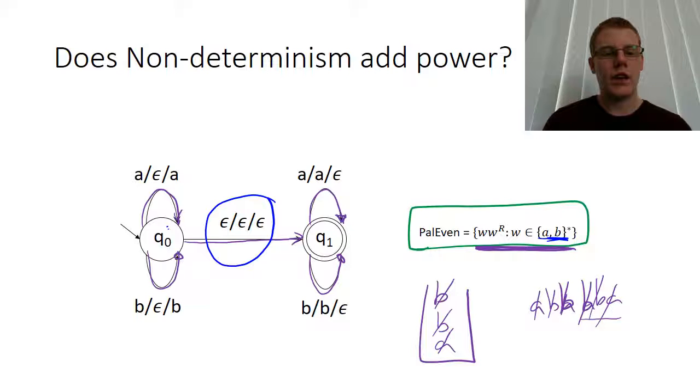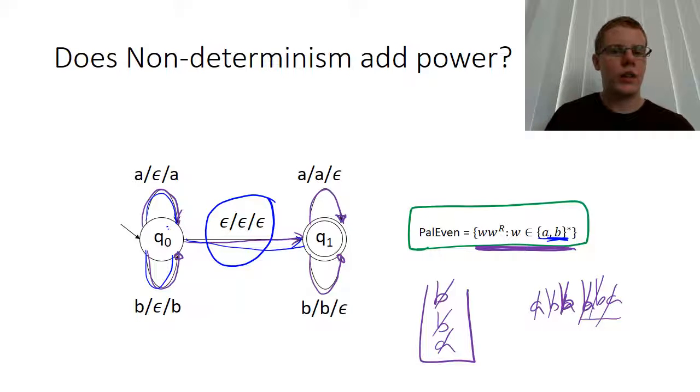So no matter what we've got sitting on the front of the string, and no matter what we've got sitting on top of the stack, we can always choose to either consume what's on the front of the string with one of these transitions, or move over here and start checking if what we've got at the end of the string actually matches what's on the stack.